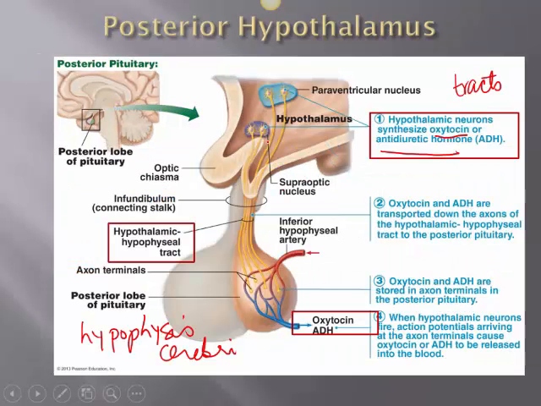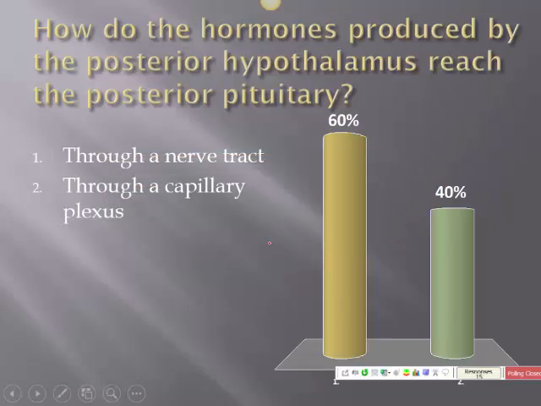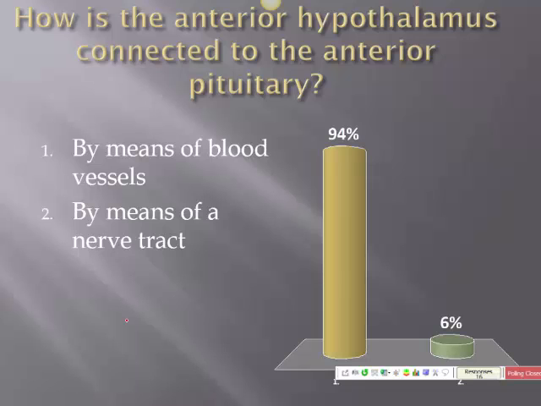Look at this nerve tract. This tract is coming all the way down here. So through a nerve tract. How about this one? How is the anterior hypothalamus connected to the anterior pituitary? Very good. By means of blood vessels, that hypophyseal portal system or hypothalamo-hypophyseal portal system.